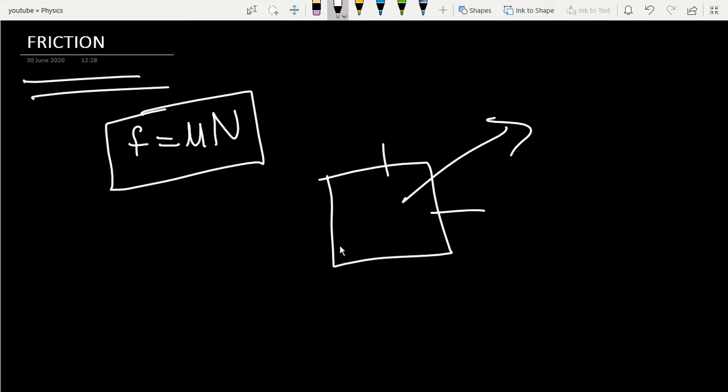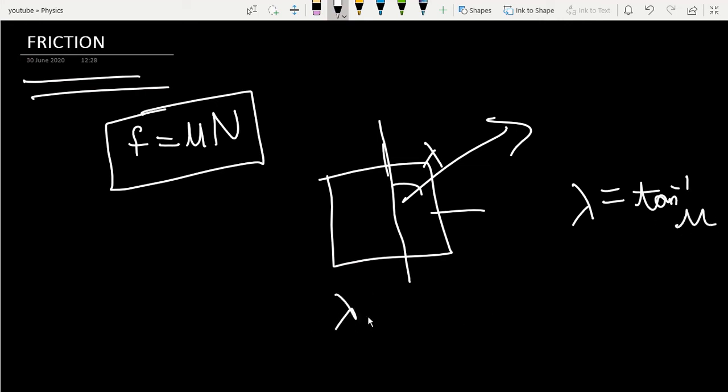The angle of friction is with the normal force. The angle of friction is denoted by lambda, and the angle of friction is tan inverse mu. That means lambda, the angle of friction, is tan inverse of mu.